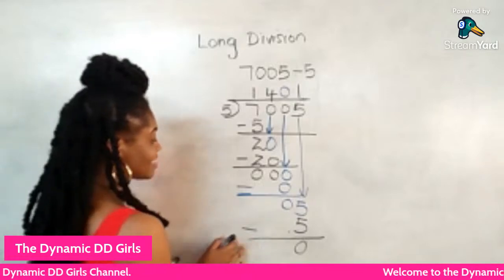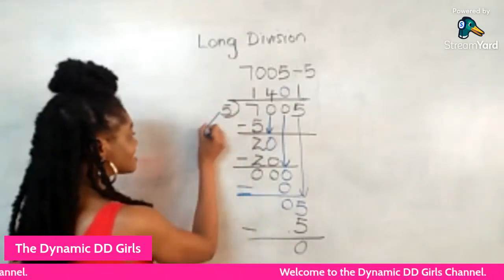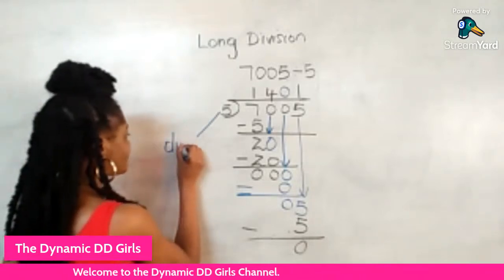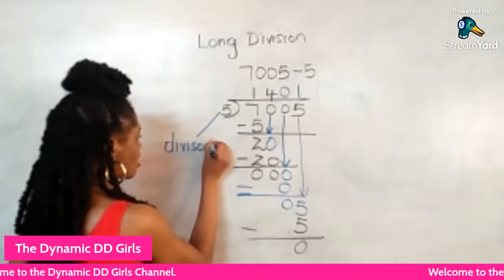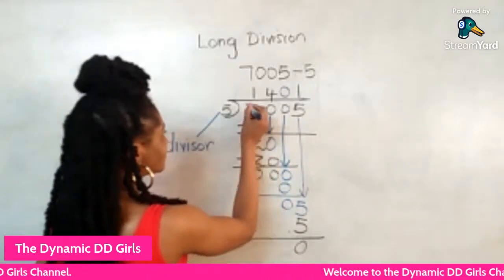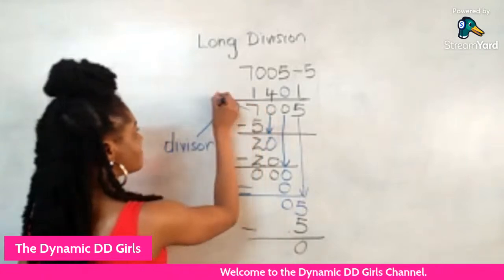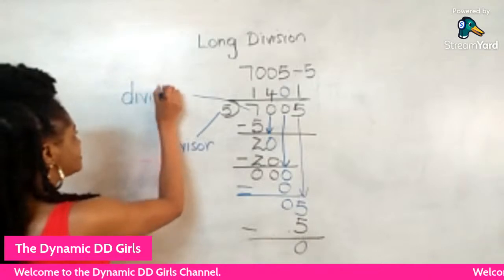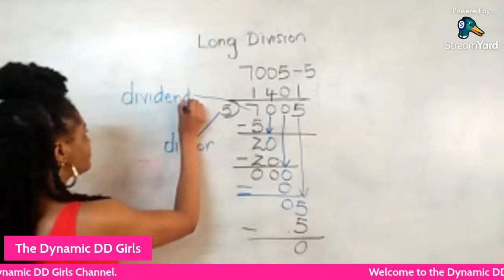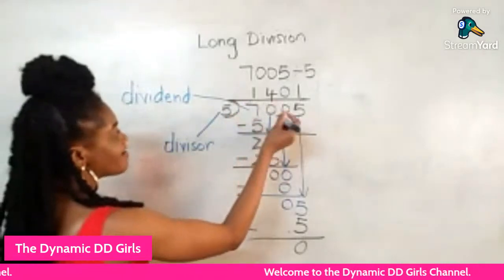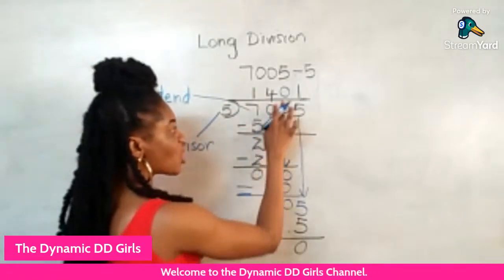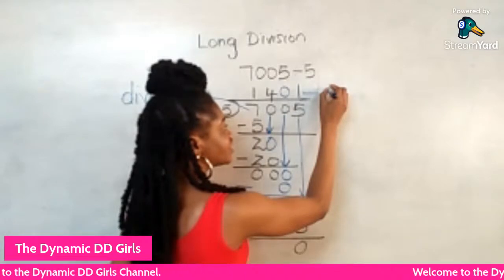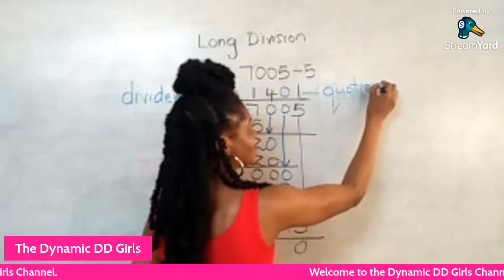It is complete, right? So 5 in this case, as I always tell you, 5 is your divisor, D-I-V-I-S-O-R. So you have 7,005 is known as your dividend, D-I-V-I-D-E-N-D. And of course, you have 1,401 is known as your quotient, Q-U-O-T-I-E-N-T.